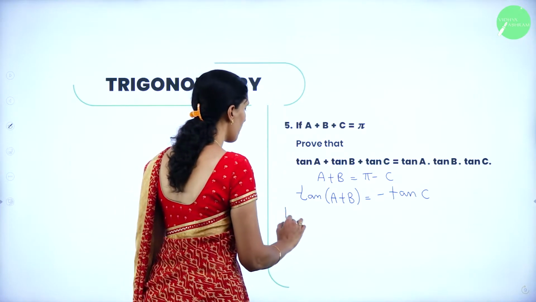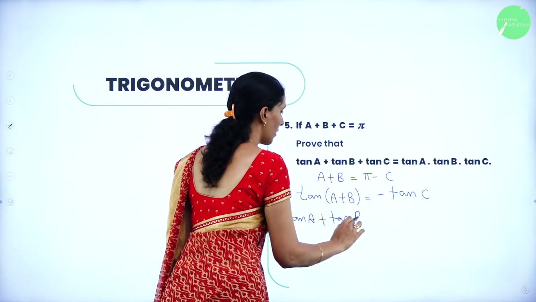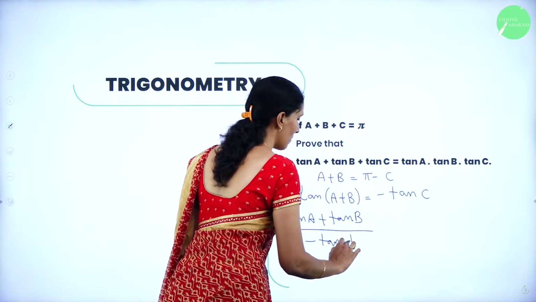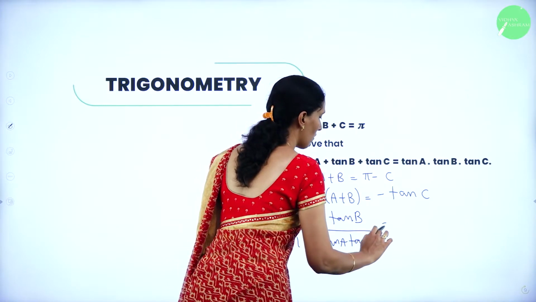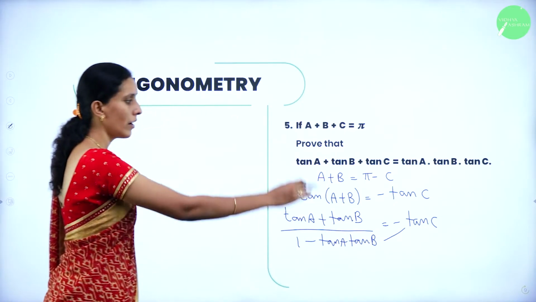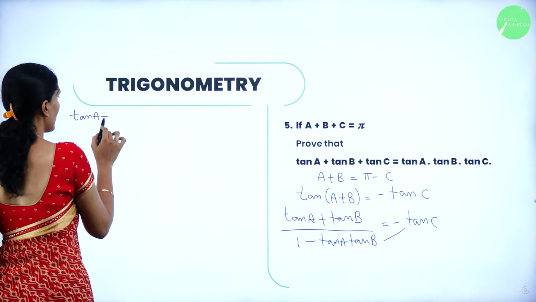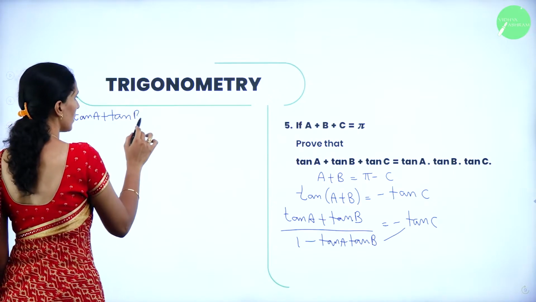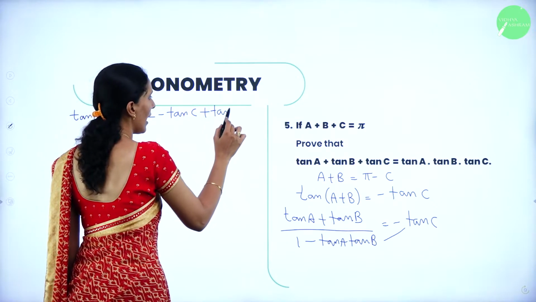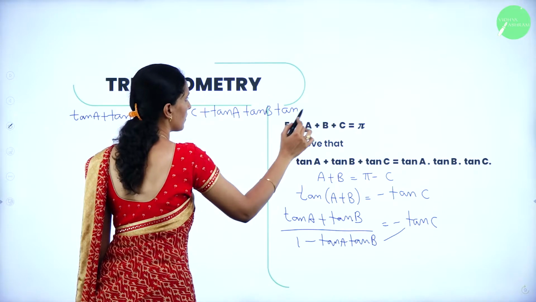Apply the formula tan a plus tan b divided by 1 minus tan a tan b is equal to minus tan c. Now multiply to your right hand side, that is tan a plus tan b is equal to minus tan c plus tan a tan b tan c.